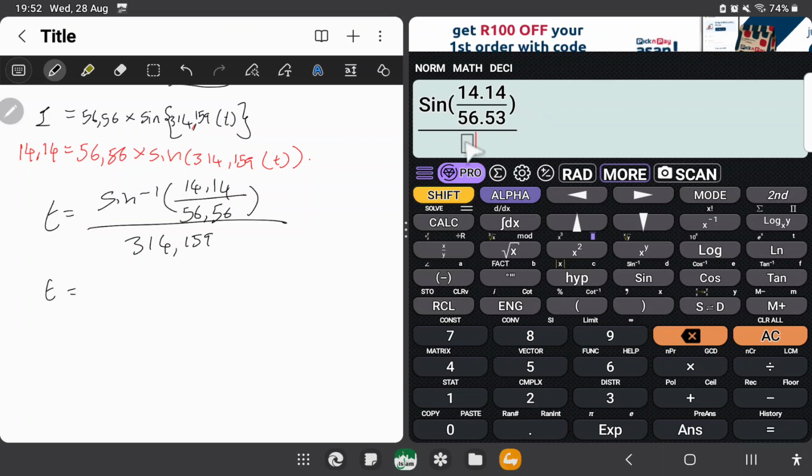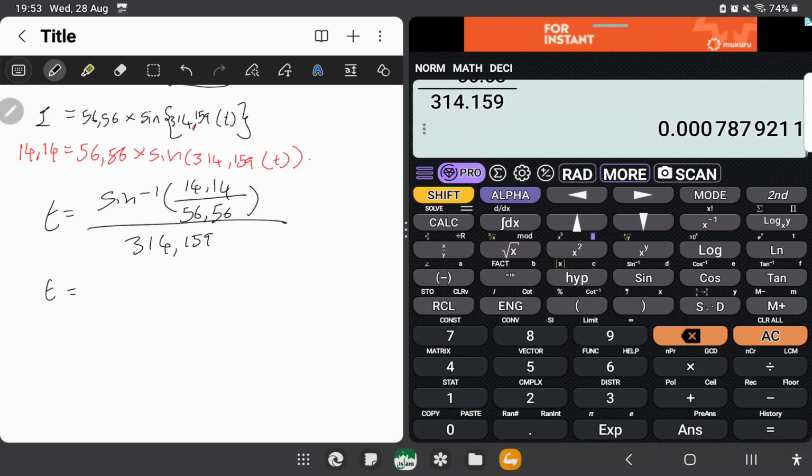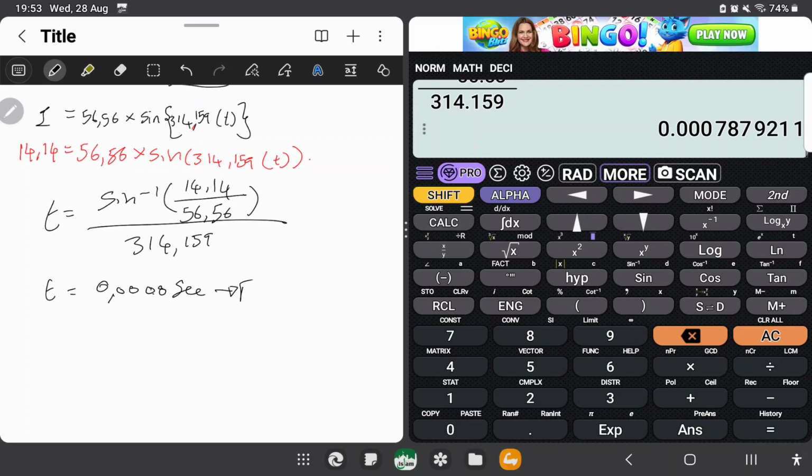Then we're going to close this one, and then at the bottom we have 314.159, and that gives us an answer of 0.0007887, right? So let's write that over here. Let's round it off to 0.0008 seconds. That is from 0, right?